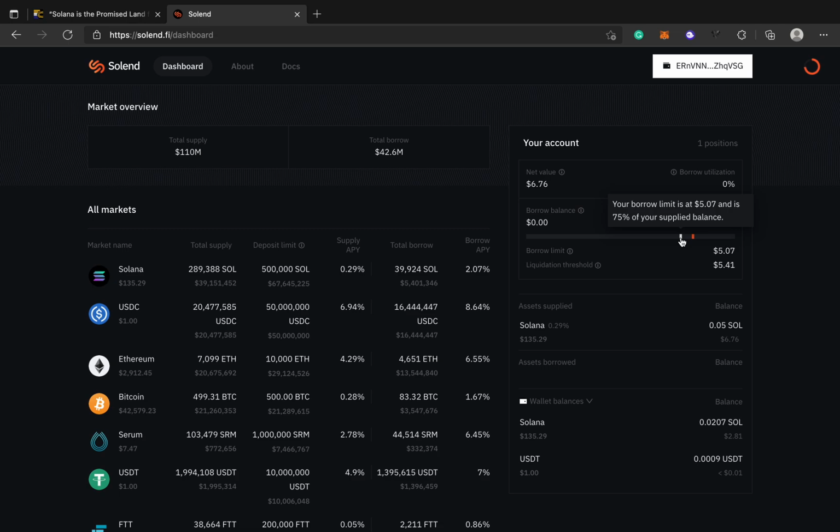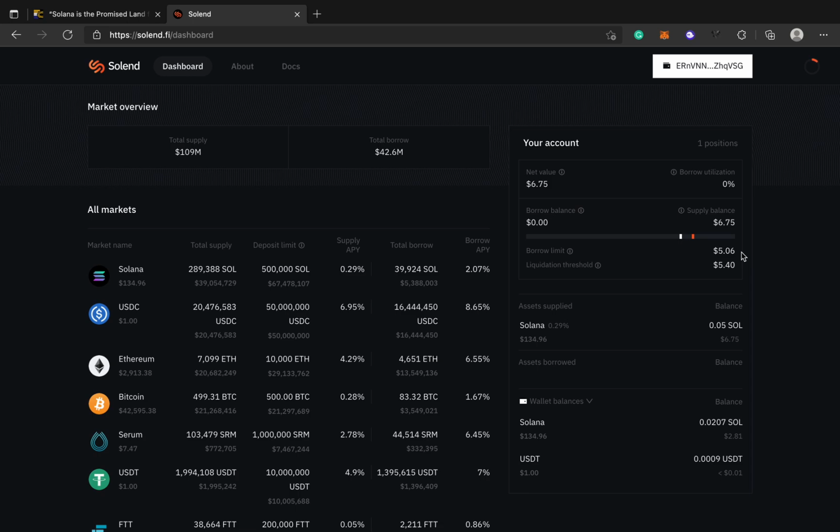So if I want to borrow now, I can borrow up to $5.07. My liquidation threshold, which is this second line, is currently $5.41, and it's 80% of my supply balance. So I've supplied $6.75, and I can borrow up to $5.06.